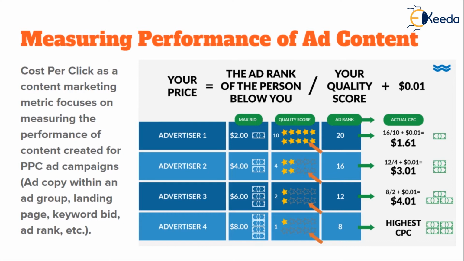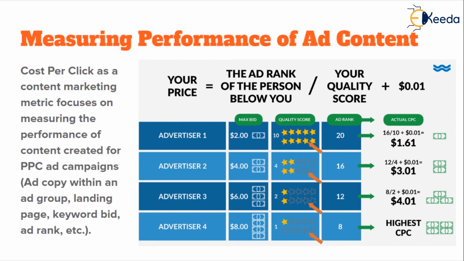So, cost per click is something which is dependent on not just the ad copy, how relevant it is to the search query. It also has a mix of other factors like how the landing page is, what is the experience for the user when they come on the landing page. Landing page, if you remember, is the one that is associated with the ad. So when a user clicks on the ad, after reading the ad copy, they arrive at a landing page on your website.